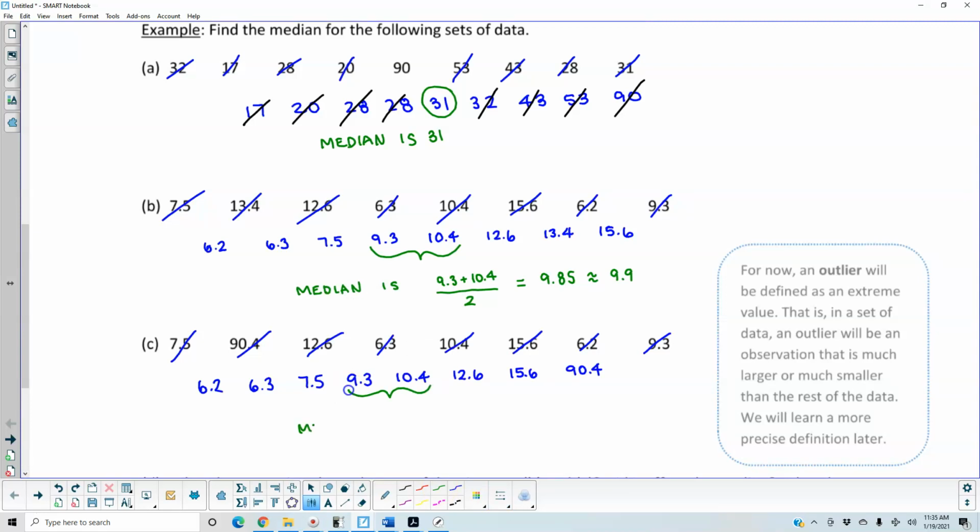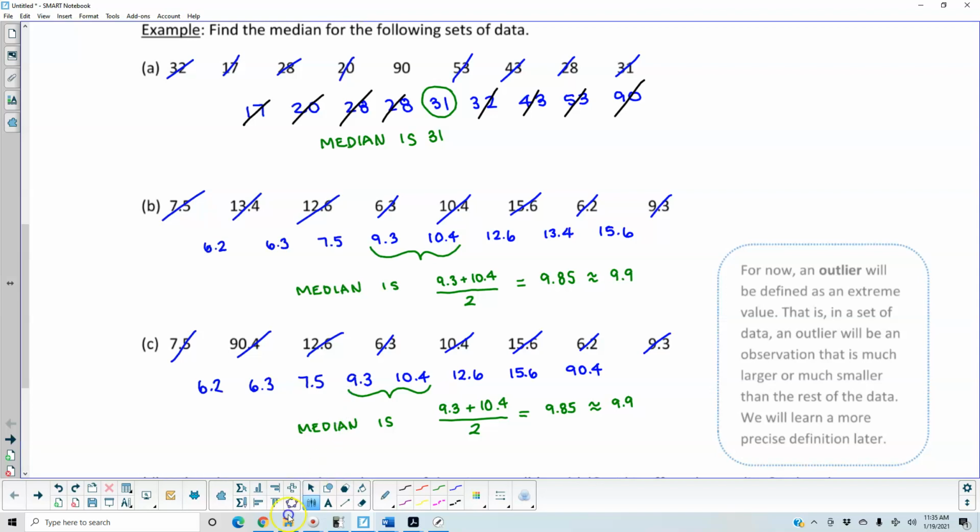So the median is 9.3 plus 10.4, divided by 2. What do you notice in this example compared to the previous example? We're using the same numbers, but there's a number listed that's not the same as in part B. We still get the same result, 9.85, which is approximately 9.9.